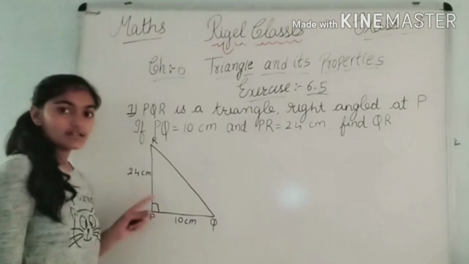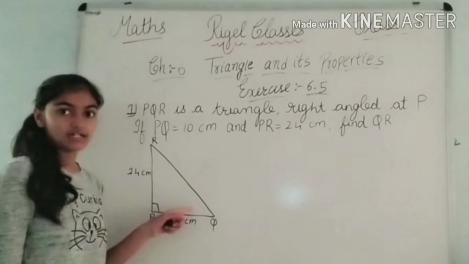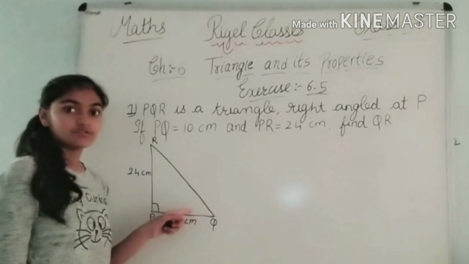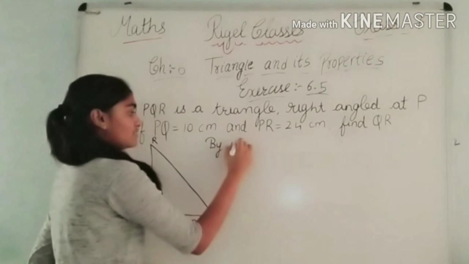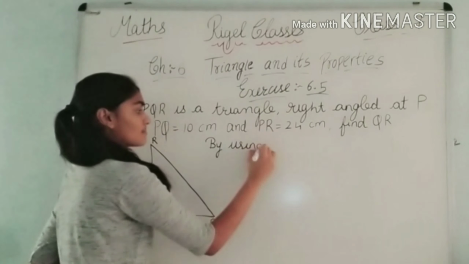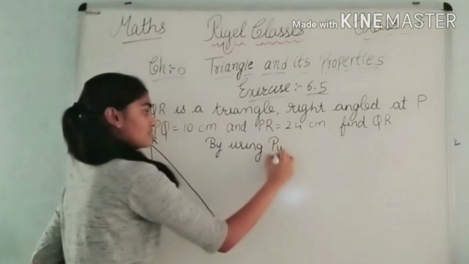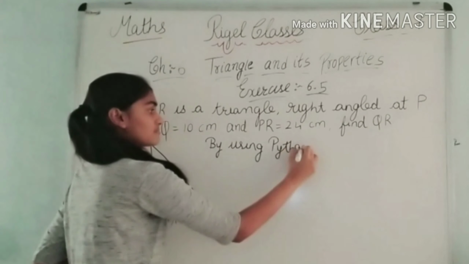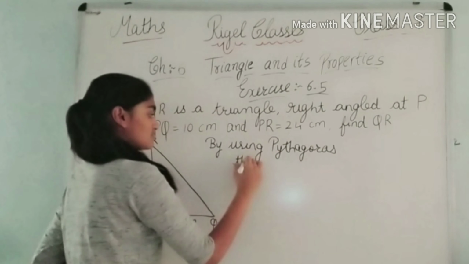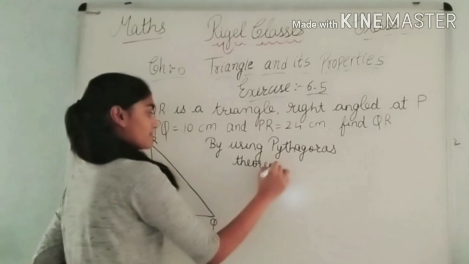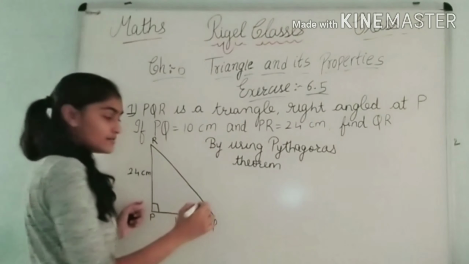So if two sides are given and we need to find hypotenuse in a right angle triangle, we will use Pythagoras theorem. So by using Pythagoras theorem, what is Pythagoras theorem?